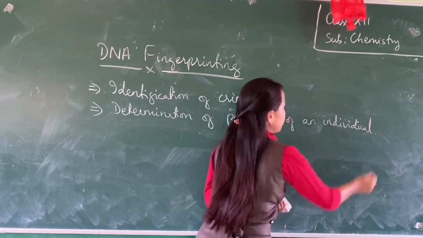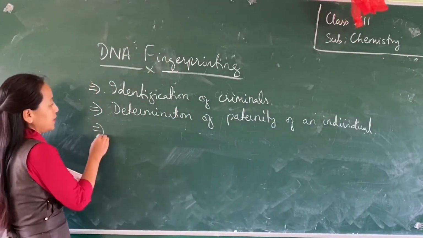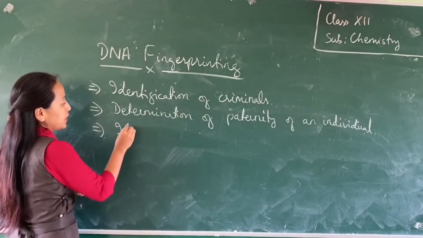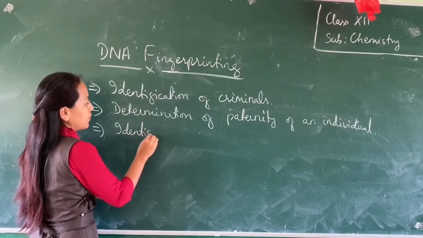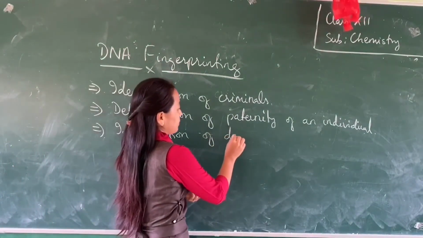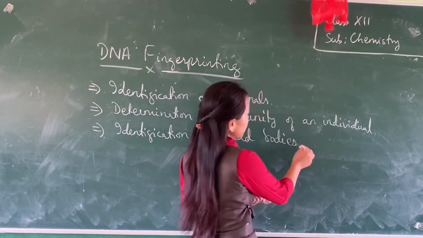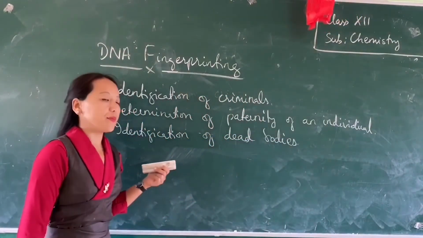That is to identify who the father of the child is. And then it is also used in identification of dead bodies. So that's all about the DNA fingerprinting.